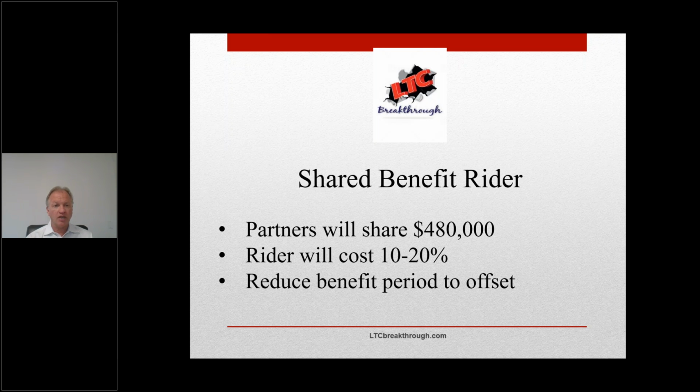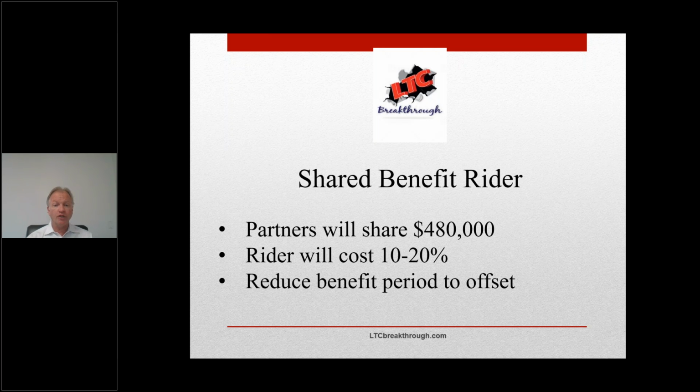So it's a fantastic benefit for couples, and it works really well because one of you is really likely to need long-term care services, whereas it's less likely that both of you will need them. So it just makes sense logically to share benefits instead of having your own individual lifetime maximums that you can't share. So adding this shared benefit rider is very beneficial for couples.